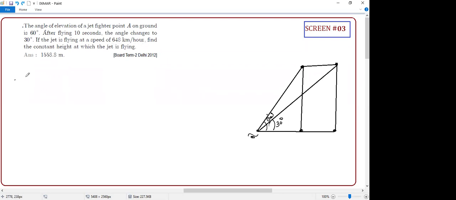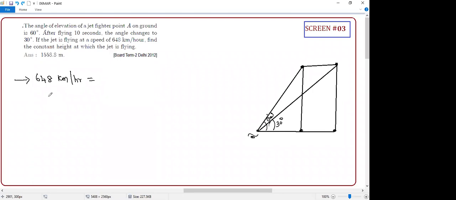So for your first duty, student, convert 648 kilometers per hour into meters per second. Very simple, student. This is for 1 hour, so I want it for 1 second. Right, sir. Sir, 60 by 1000, right, sir? How come you are saying 1000? Now I want seconds, so you have to convert to seconds. And kilometer to meter, you have to multiply by 1000.